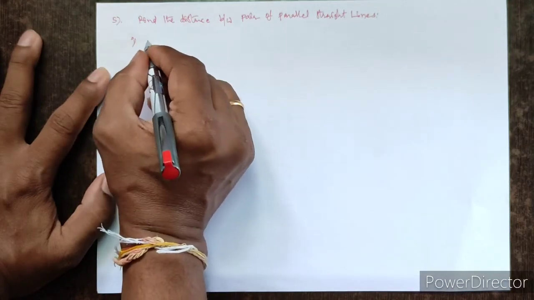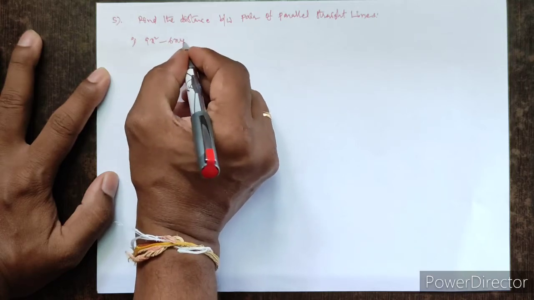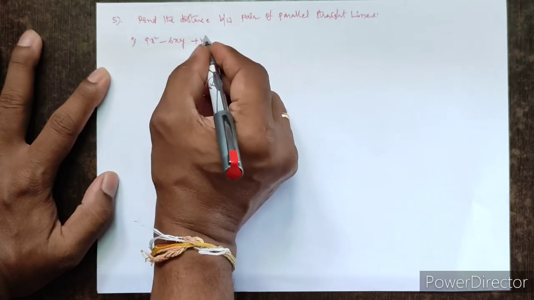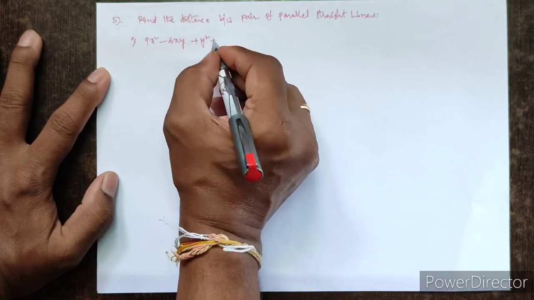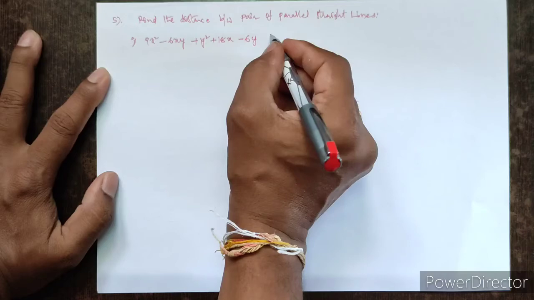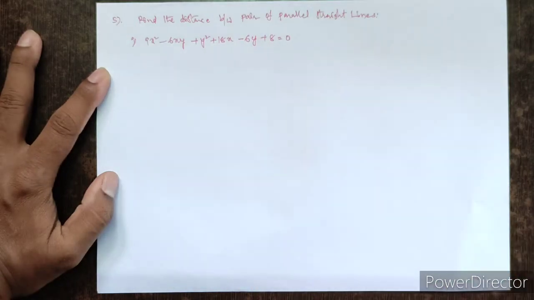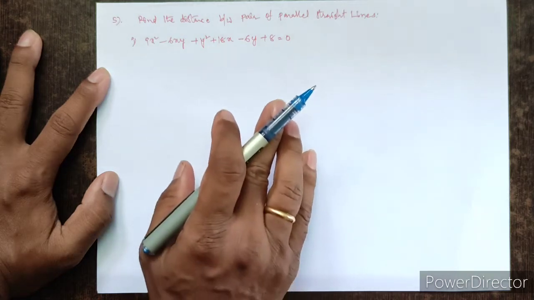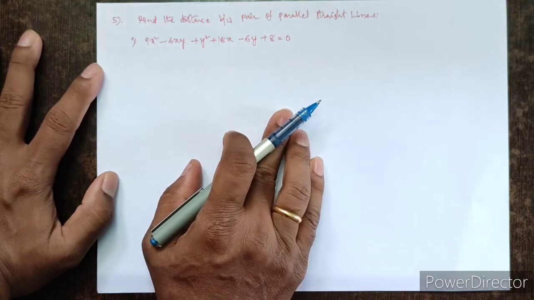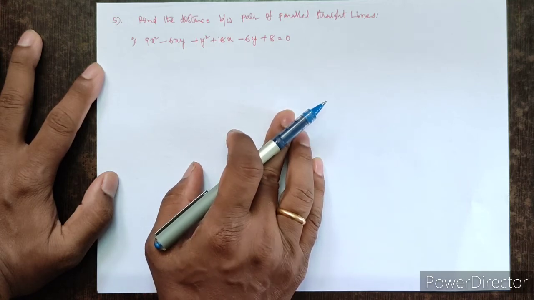Already the problem is 9x square minus 6xy plus y square plus 18x plus 6y plus 8 equal to 0. If the given pair of lines are parallel, then we have to find the distance.